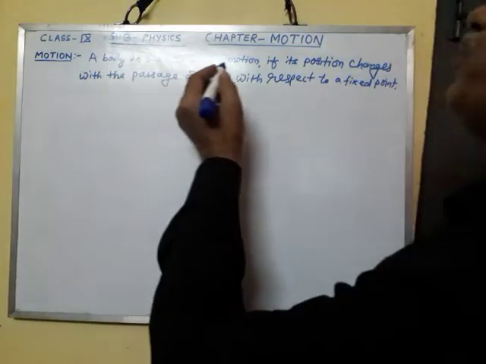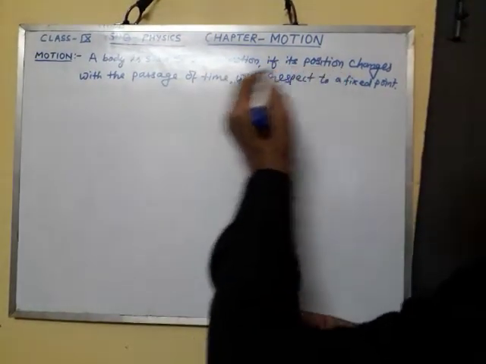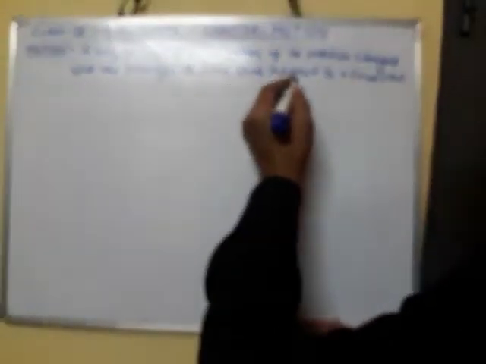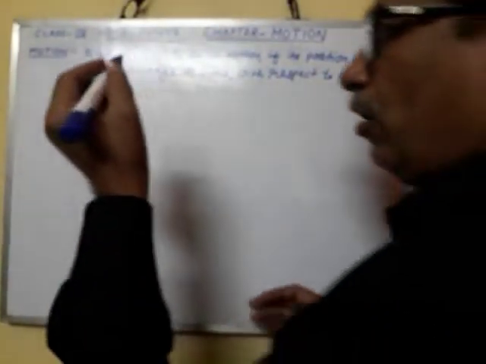A body is said to be in motion if its position changes with the passage of time with respect to a fixed point. Now, what is a fixed point? A fixed point is also known as a reference point.